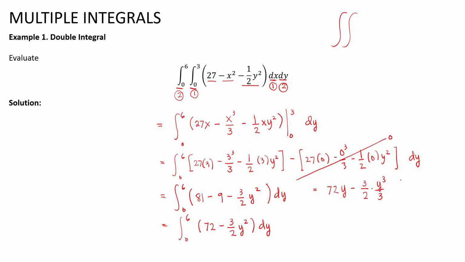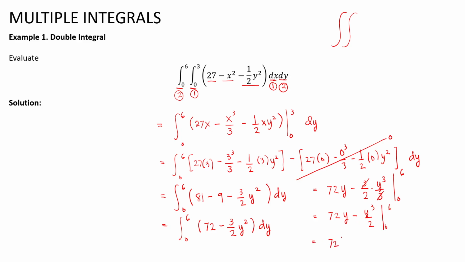And then applying the limits of integration from 0 to 6. So cancel out 3, so you have 72y, and then minus y cubed over 2 from 0 to 6.